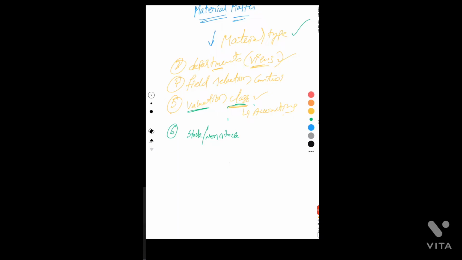But the major things are, one, the number ranges, external number range, internal number range. Then which department it should be allowed, and field selection control, which fields are mandatory or not. Valuation class, which valuation class should be captured, and the stock, non-inventory, inventory stock, non-valued stock. So these are the major controls.